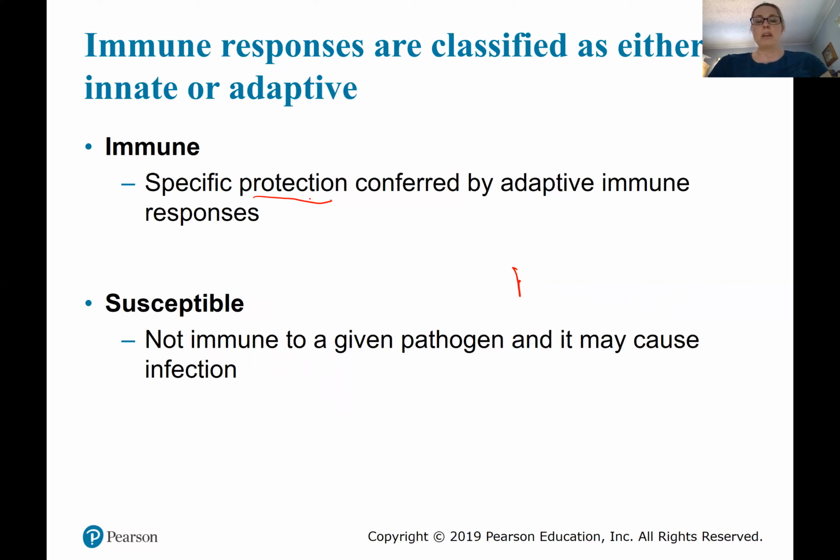So right now in society, it seems like most people are susceptible to COVID-19 because this is a novel virus. We haven't ever seen it before. Yes, it's a type of coronavirus. It's similar to SARS and MERS and some of the other viruses that cause the common cold, but it has new unique properties.